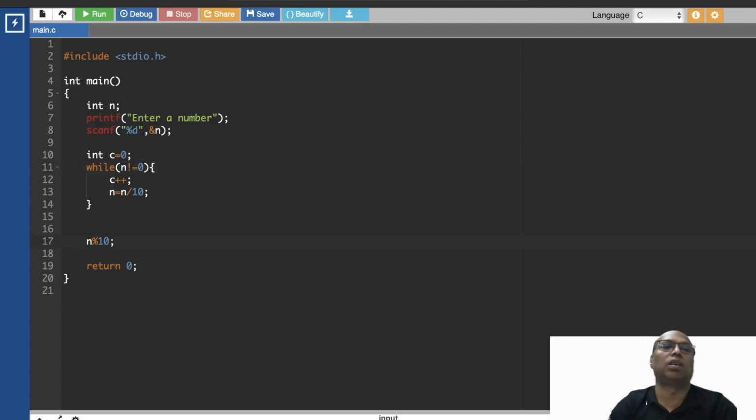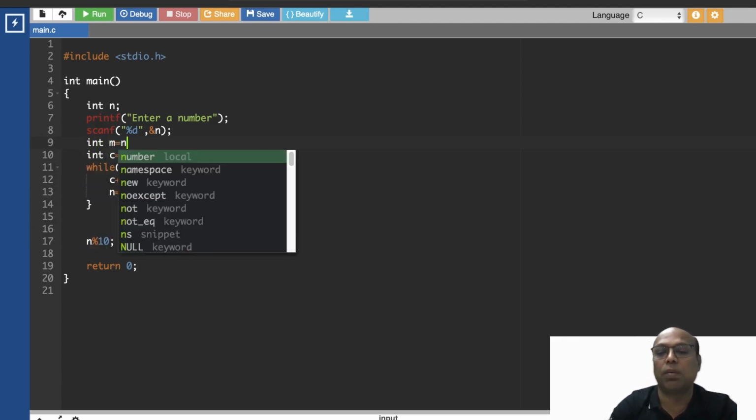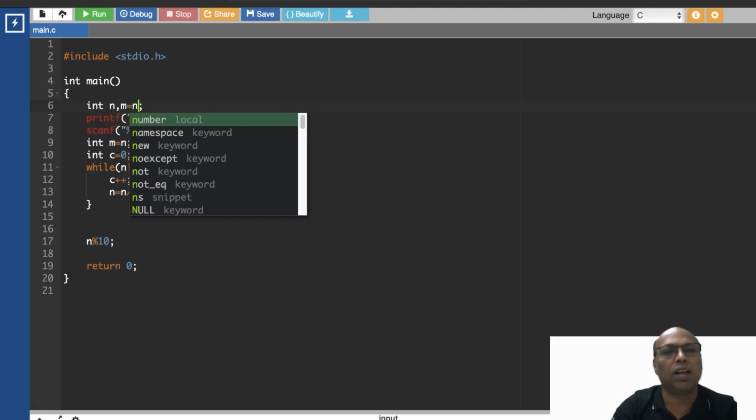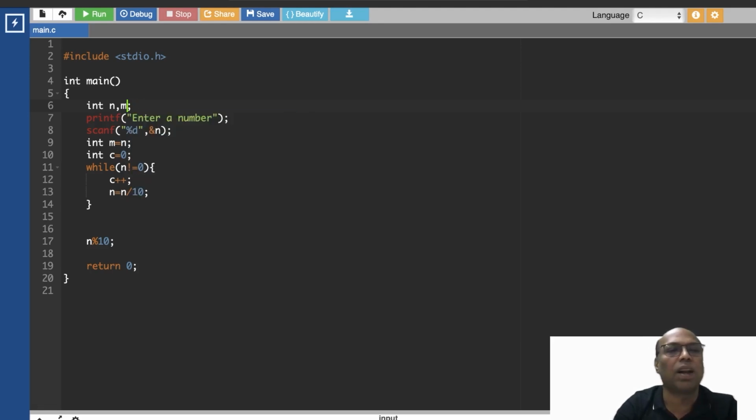You lost the number. Therefore, what do you do? You want to have the number again. Therefore, I am going to store it in another variable called m. You might have written it here also. Sometimes some people write like this, m is equal to n here. No, because n does not have a value there. m is going to get a value here. n is going to get a value only in this line.